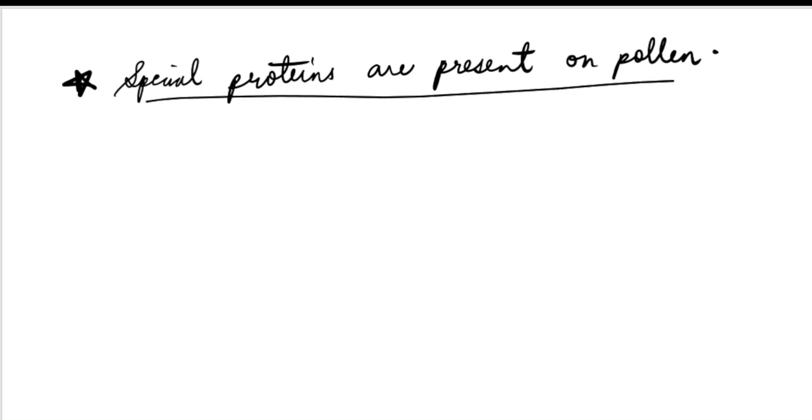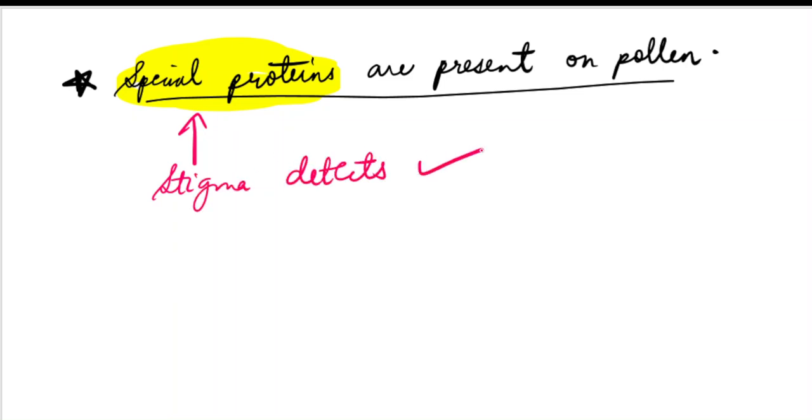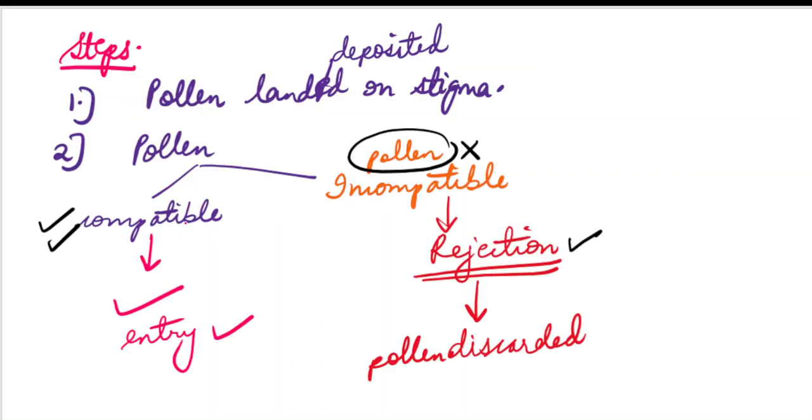The stigma will detect whether these special proteins are of the same kind, of the correct type, whether they are compatible. If the detection is correct, then it will be compatible. If not, then there will be inhibition. So the promotion and inhibition depends on this.